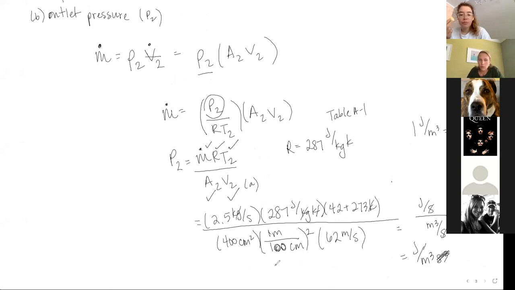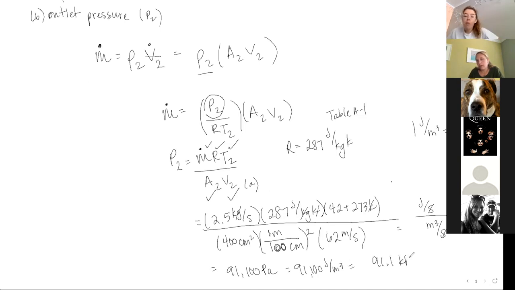So therefore, when we get our answer here, it gives us 91,100 Pascal or joule per cubic meter, which is also 91.1 kilopascal.